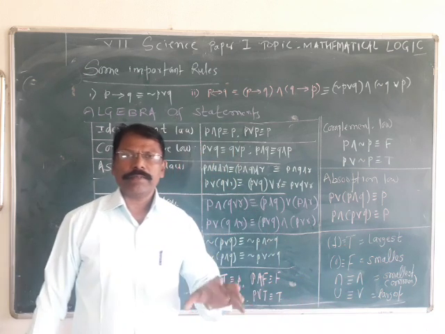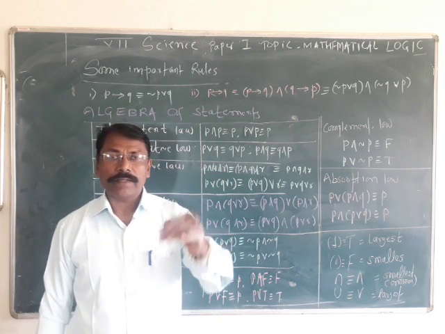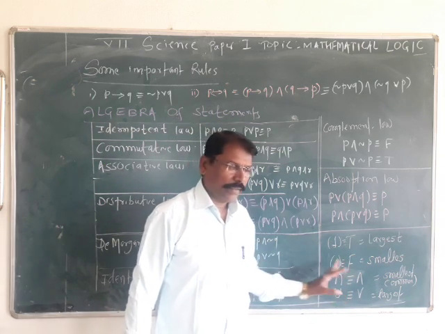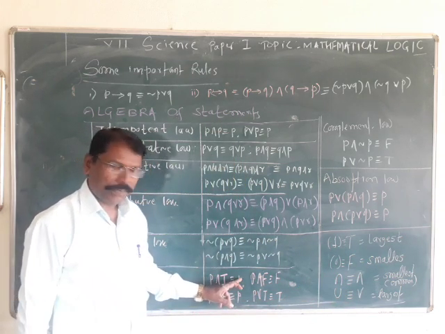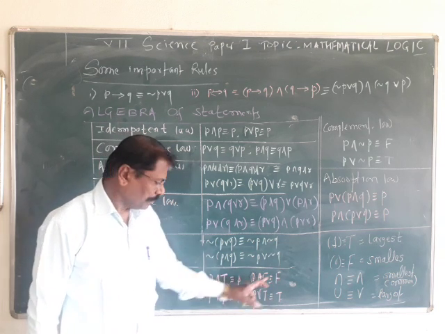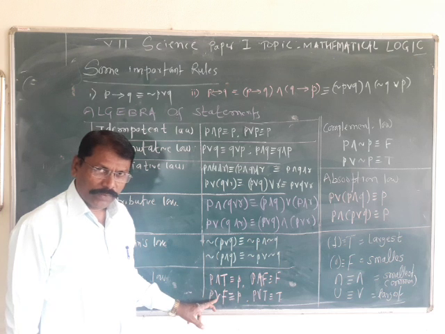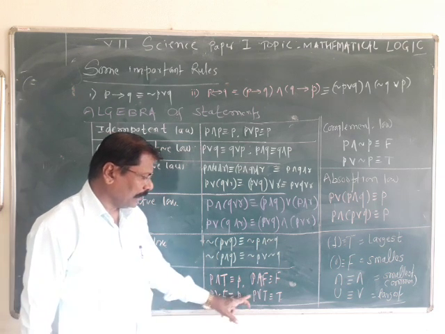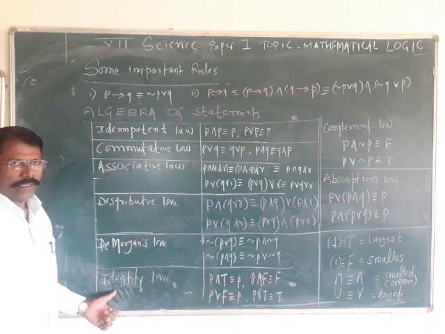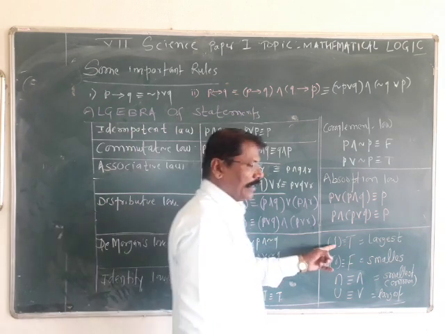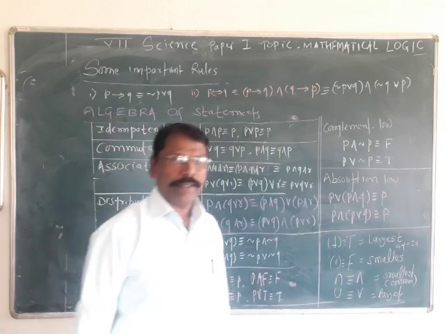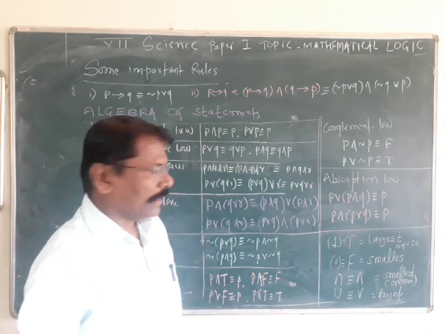All the logical statements P, Q or whatever are smaller than T and more than F. Therefore, P and T is P, P and F, among them the smallest is F, so F is here. P or T is a union, among them the largest is T. So this is nothing but the identity law. Just like here, 1 into A plus 0 is equal to A.